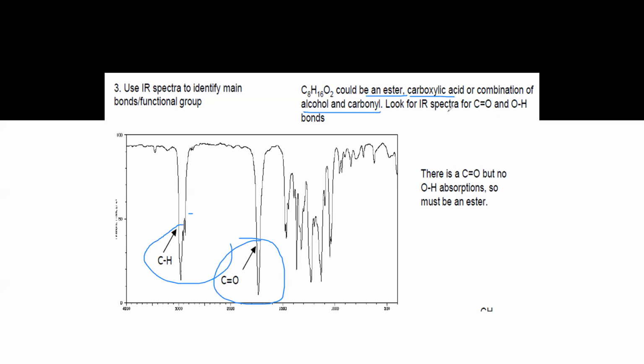But when we look at the infrared spectrum, we found C double bonded with O, but there is no OH absorption. So it cannot be carboxylic acid because there is no OH, so it will be ester.